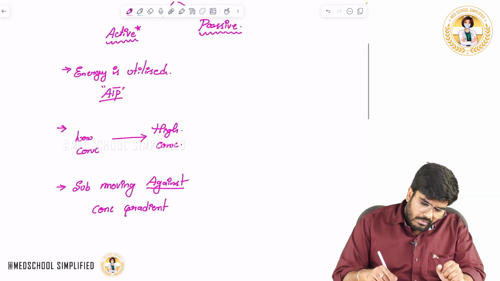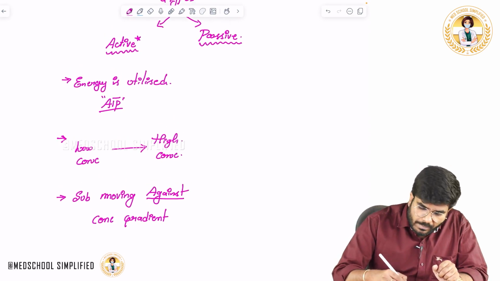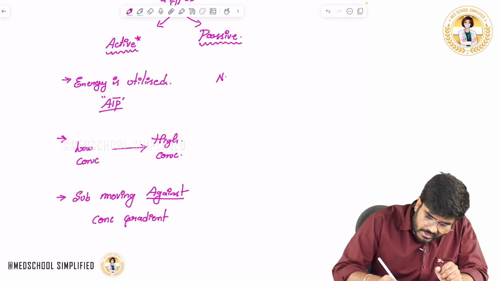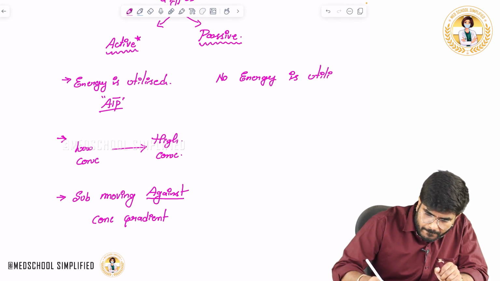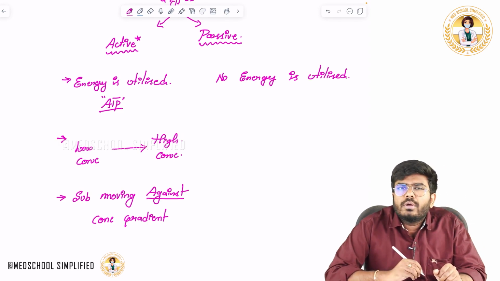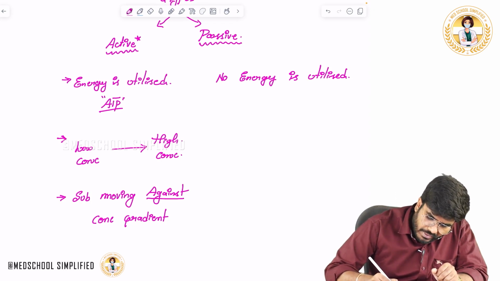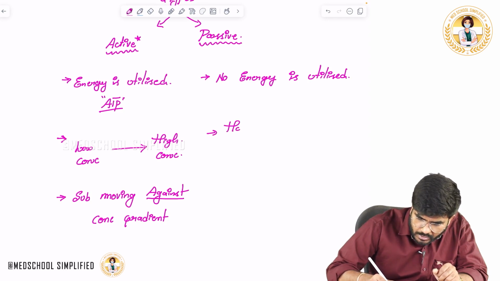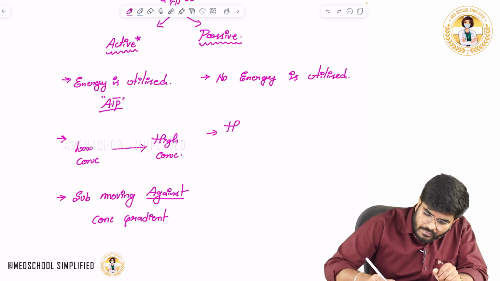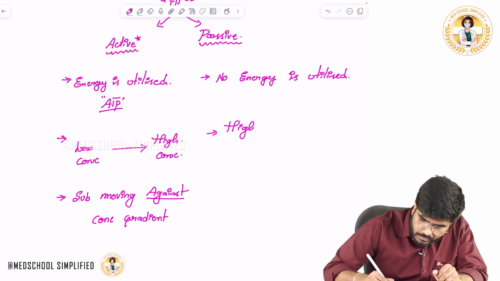Now what is passive transport? In passive transport, no energy is utilized. There is no need of any energy. Why is there no need of any energy, sir? Because here the substances are moving according to the concentration gradient, from high concentration to low concentration.